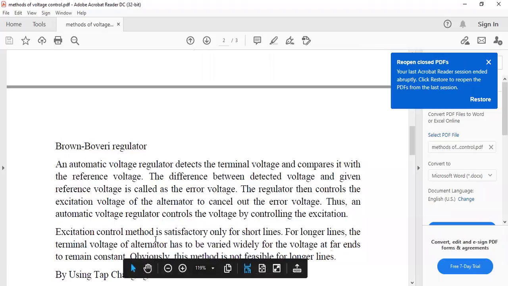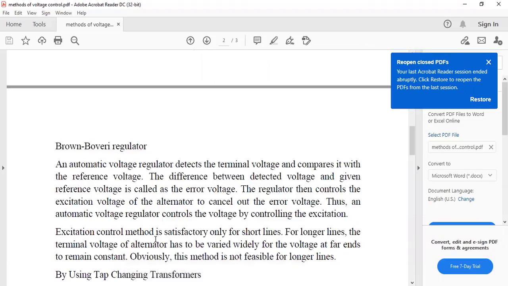Both automatic voltage regulators are used in the generating stations itself. What is the purpose of an automatic voltage regulator? It detects the terminal voltage and compares it with a reference voltage. Always in the regulator, we will set some voltage.